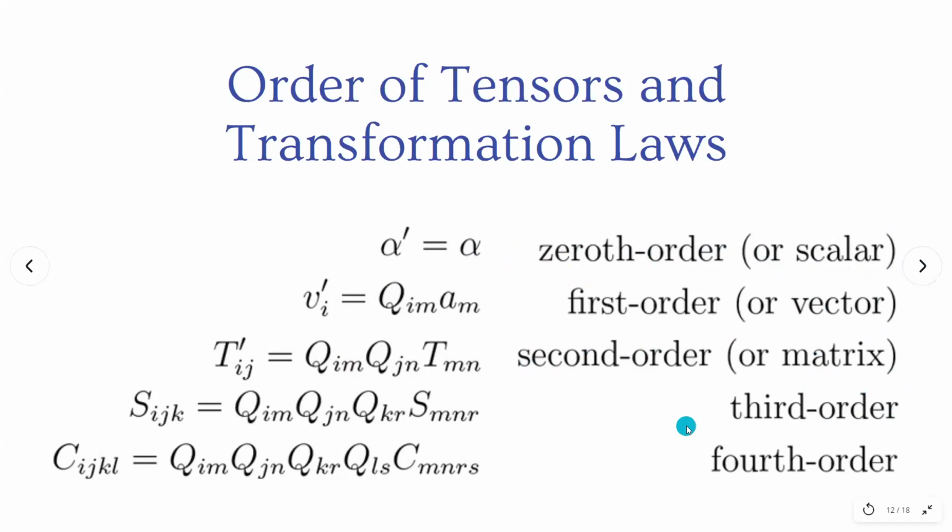Third order, we have nothing to call it but a third order tensor. Fourth order, and so on and so forth. Now, how do you see the pattern here? Do you see the pattern here? So I hope you see the pattern.